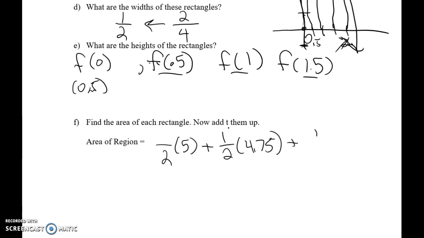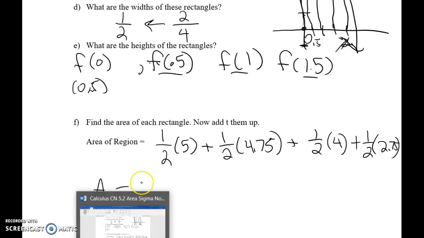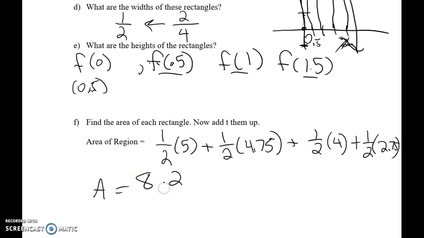Then the third rectangle, the width is a half, and the height was function value at 1. When we plug that in, we get 4. And the last rectangle, the width is a half, plug in 1.5, you get a height of 2.75. So complete this computation and get an area, this time, of 8.25 units.